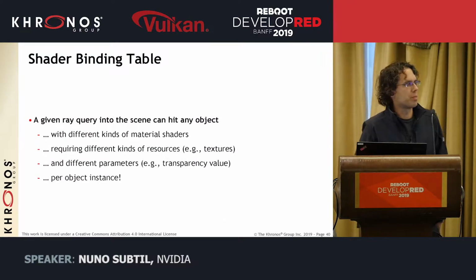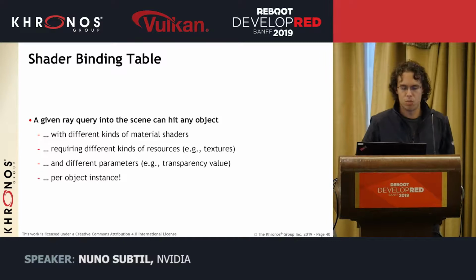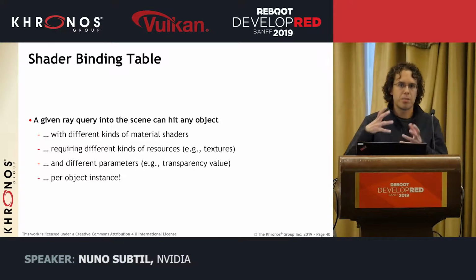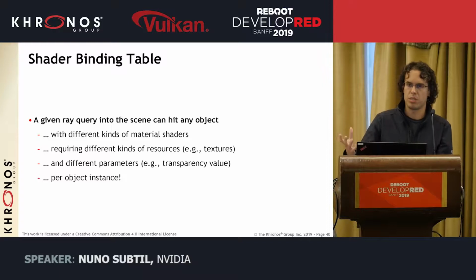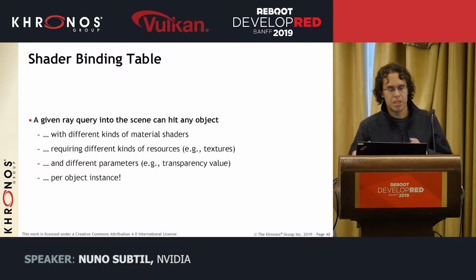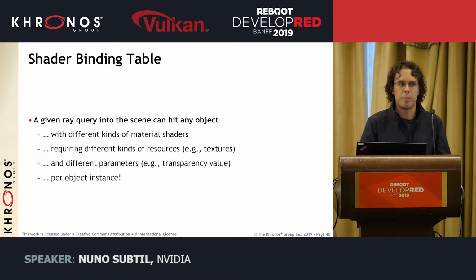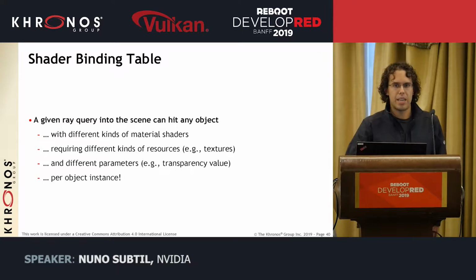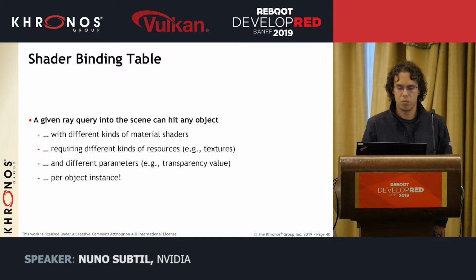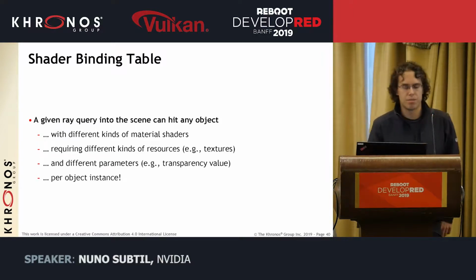So I've mentioned the shader binding table a few times. Let's look at what this is. So unlike rasterization, where you have a mesh and you might have a PSO associated with that mesh, and you might have a bunch of descriptors also associated with that mesh that bind specific resources to the shaders. Well, with ray tracing, you can hit any mesh, and it can have any kind of different shader that you've specified before when building your assets, and it can have any kind of different textures, different buffers.